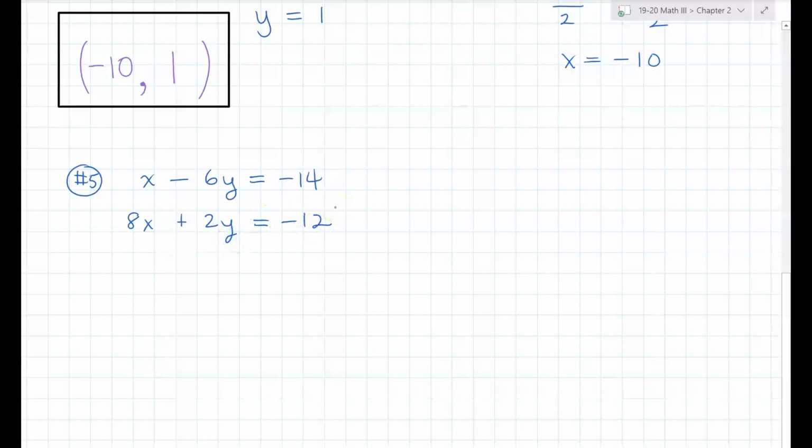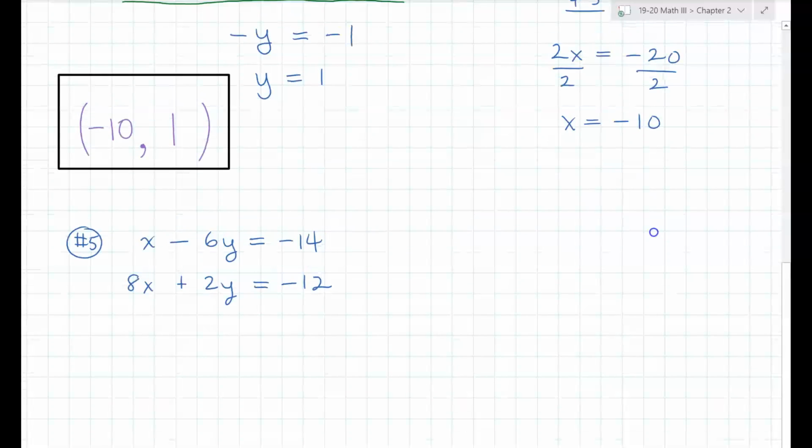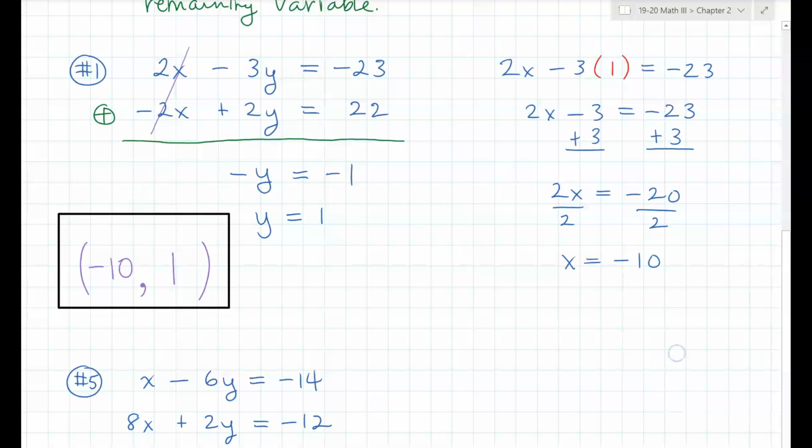Now, I want you guys to notice something really quick. Let me go back up to the previous example. You see how in the previous example, my x's had the same main number, even though they weren't both negative or positive, right? But they both had the same root number, a 2 and a 2. That's why the x disappeared when I did an addition or subtraction.